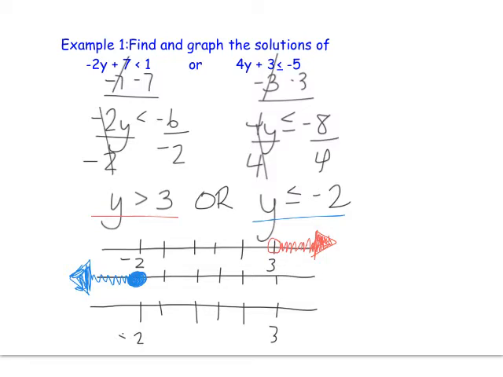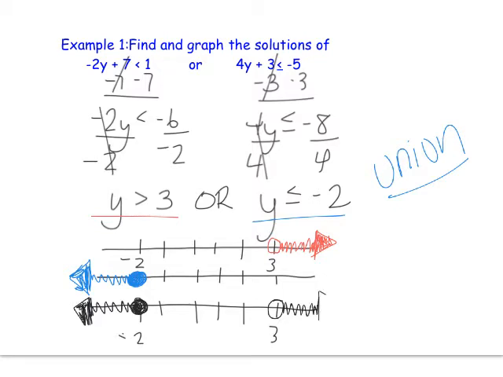Well, we know that the word or means union. So the union of these means that anything that was graphed on the first or the second number line goes into our overall solution. It's just like we take anything that was graphed on either one and transfer it all to the final number line.